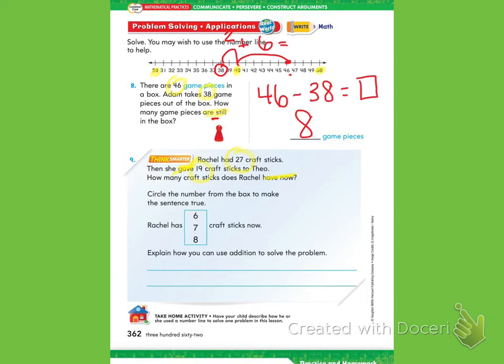So it says that Rachel had 27 and then she gave 19 sticks to Theo. How many craft sticks does Rachel have now? So what I would do is set down here, explain how you can use addition.